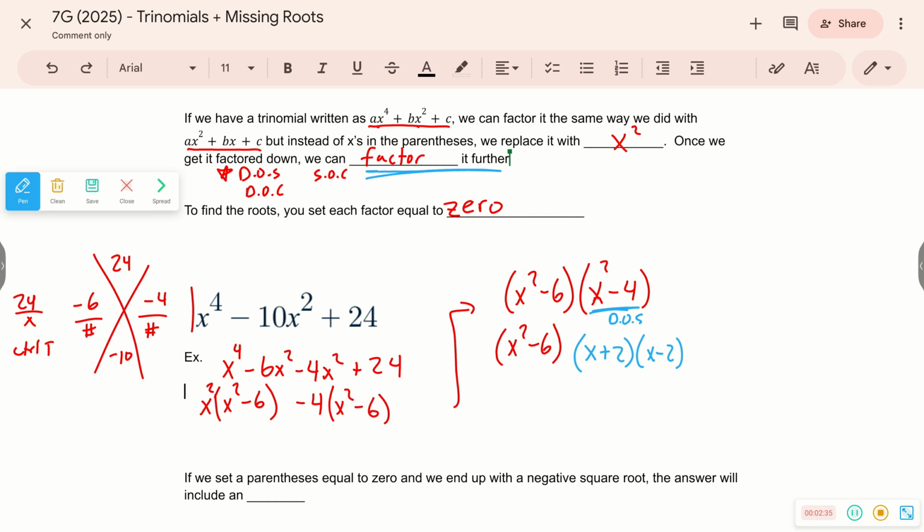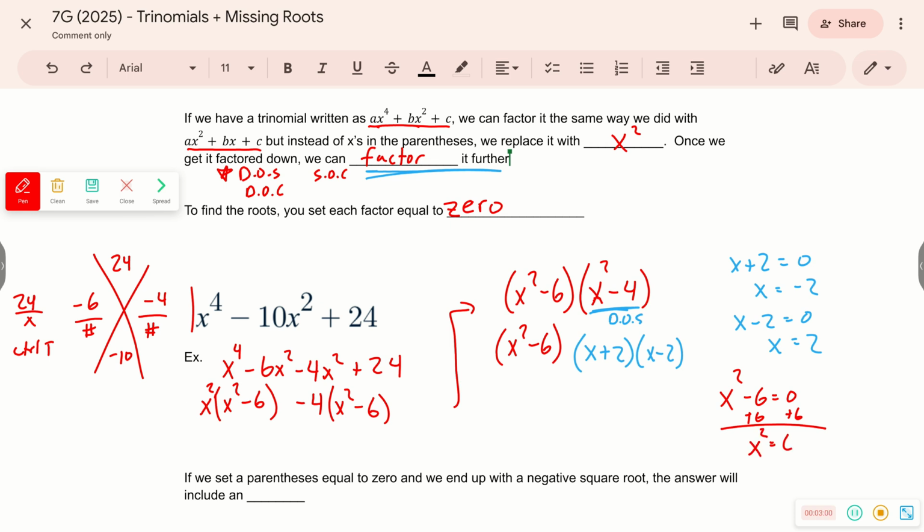So setting each factor equal to 0, we know if x plus 2 equals 0, we have a root at negative 2. If we set x minus 2 equal to 0, we have a root at positive 2. If we set the x squared minus 6 equal to 0, we add 6 to both sides.